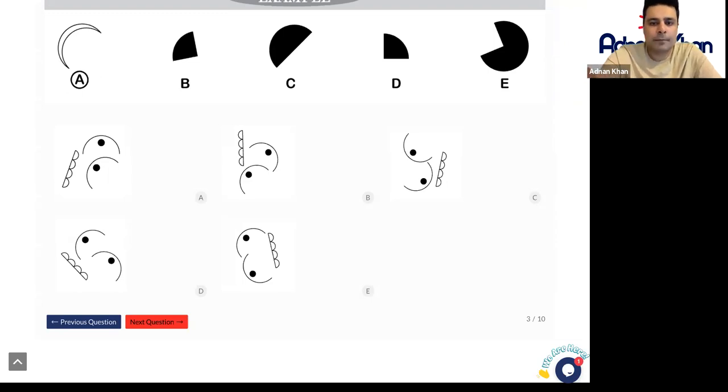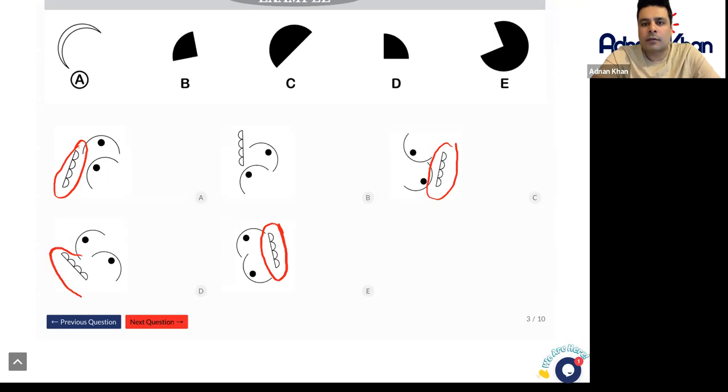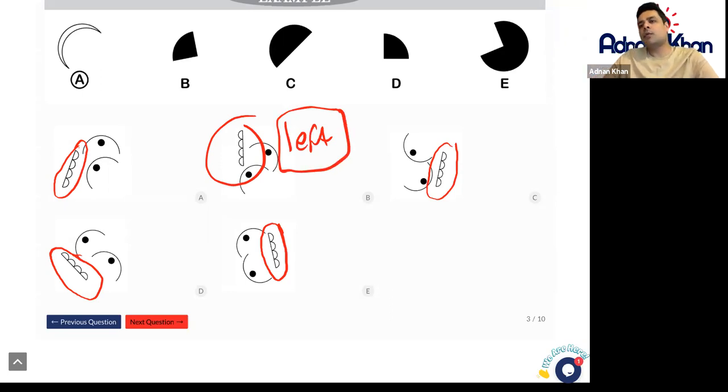Let me show you what I mean. Can you see these little circles on the right-hand side of the line? Little circles or scallops on the right-hand side of the line. But here, they're actually on the left. So B will be the odd one out.